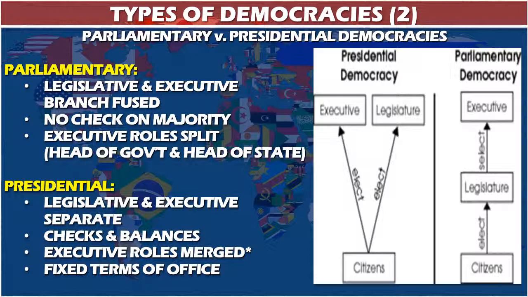But very often there's a problem because the executive roles are merged. The head of government is also the head of state, and very often he's also the head of a particular political party. So they have to be divided between representing all the people and also representing the preferences of the people who have voted for that executive, whether they're Democrat or Republican in the United States, or conservative or Labour in England.